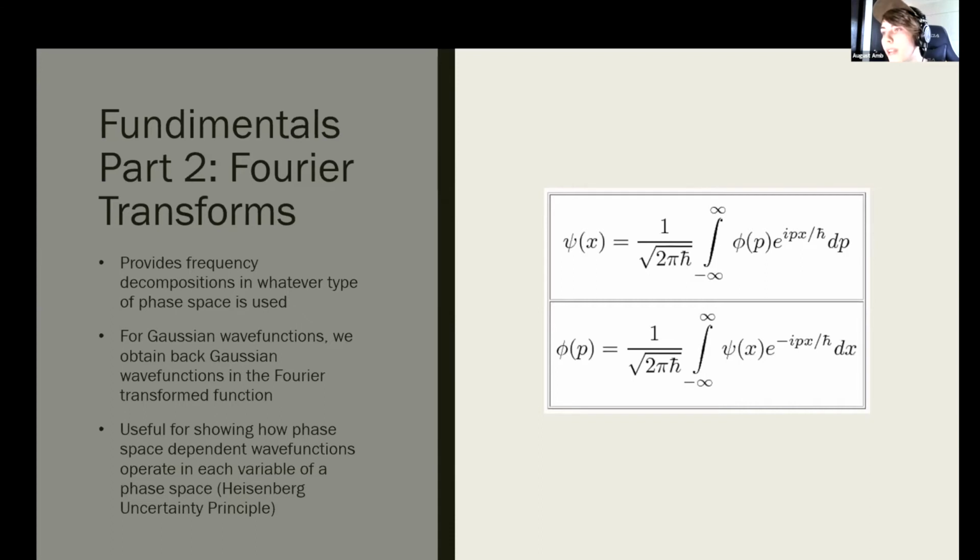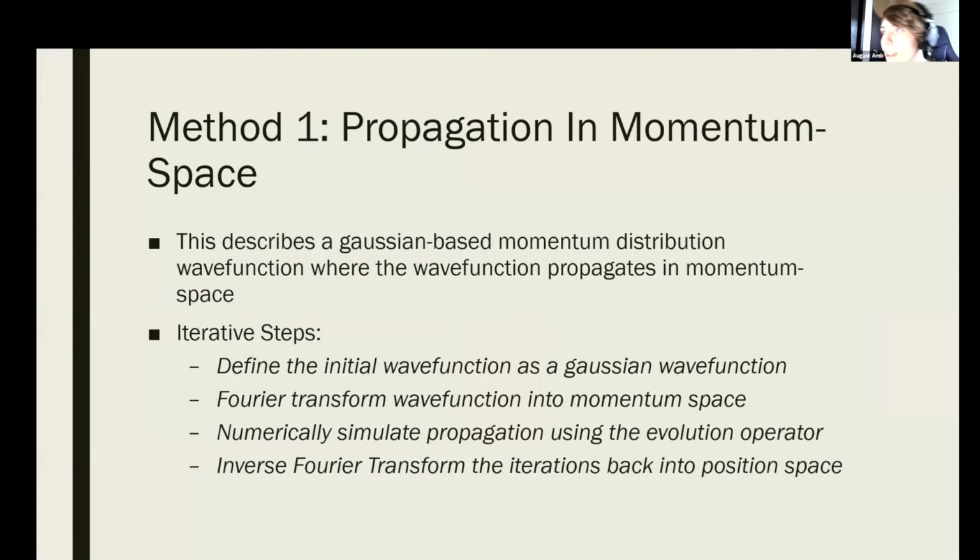So if we have a Gaussian wave function for the position wave function, we're also going to have a Gaussian wave function for the momentum wave function. It's useful for showing how phase space dependent wave functions operate in each variable of phase space. This is showing the Heisenberg uncertainty principle in a way, because you're going to have an uncertainty of momentum and position.